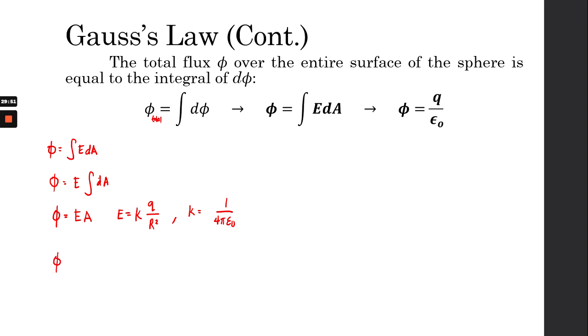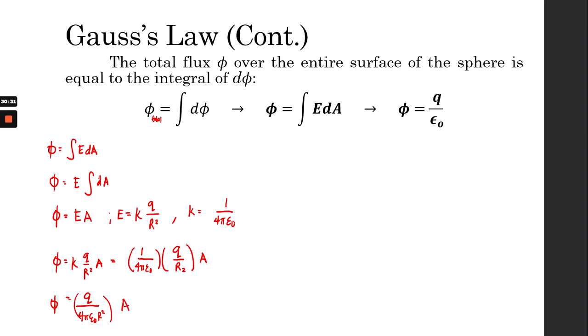So we get phi is equal to, our E is equal to KQ over r squared, times A, and it is actually equal to, we're going to change the K to 1 over 4 pi epsilon naught, multiplied by Q over r squared, times A. And then what's left is we're just going to mix this together. We'll get Q over 4 pi epsilon naught r squared multiplied by the area.